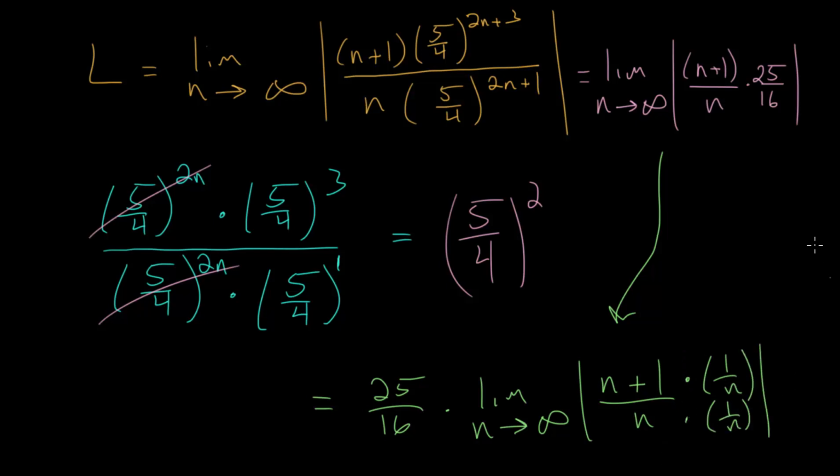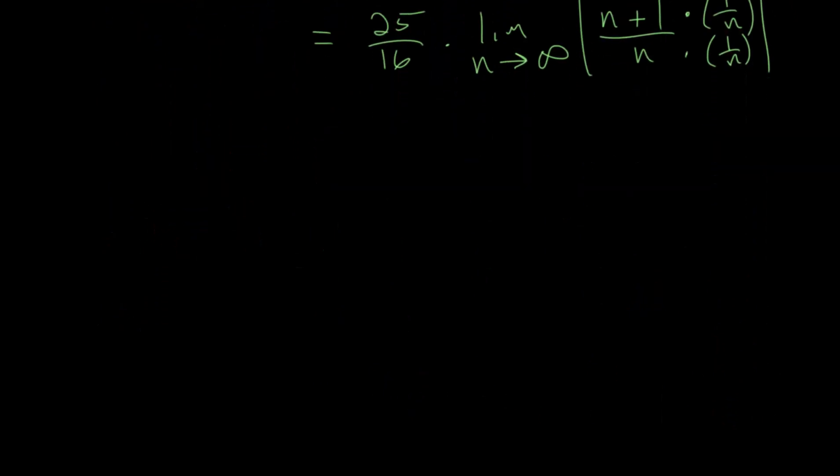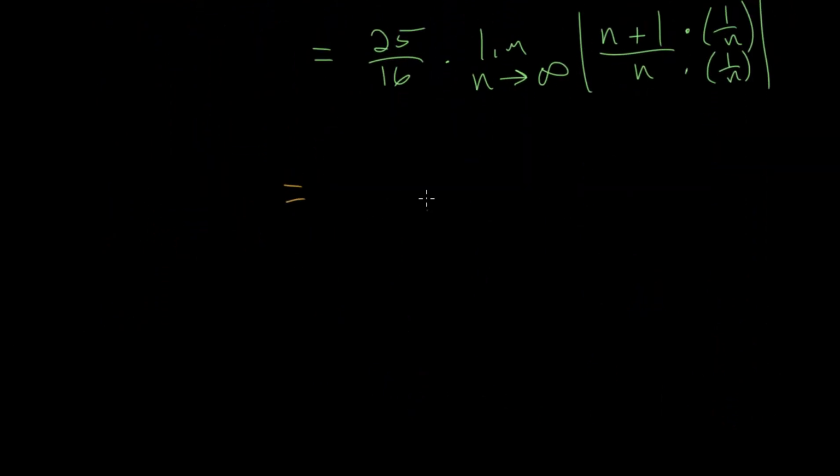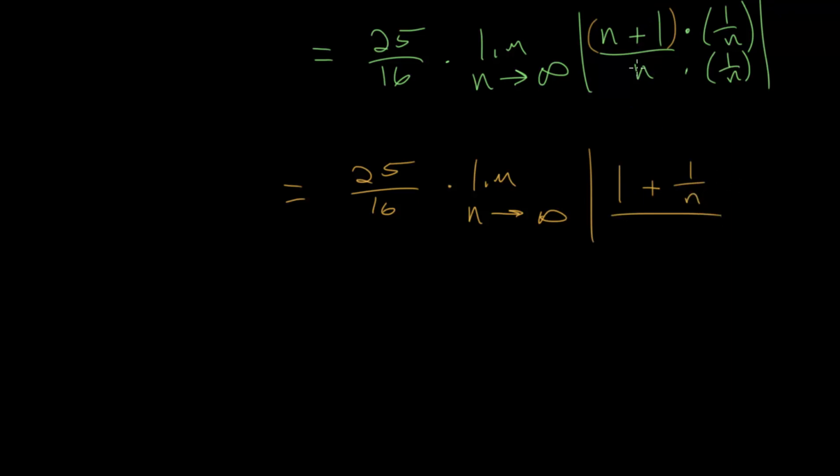And when we do that, let me again make a bit more room here. We can now simplify this so that we get 25/16 multiplied by the limit as n goes to infinity of this absolute value. We distribute the 1/n so that we get 1 there, and 1 times 1/n is 1/n, divided by n times 1/n, which is just 1.